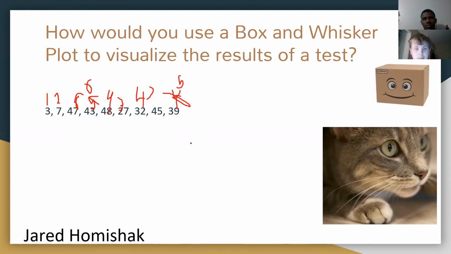And that's really important because we now know that 48 is our highest value. Actually, let's say 50. Let's say this line goes to 50, but we'll put 48 here. So our whisker, we know, will have its highest extreme at 48, and its lowest extreme will be over at 3.